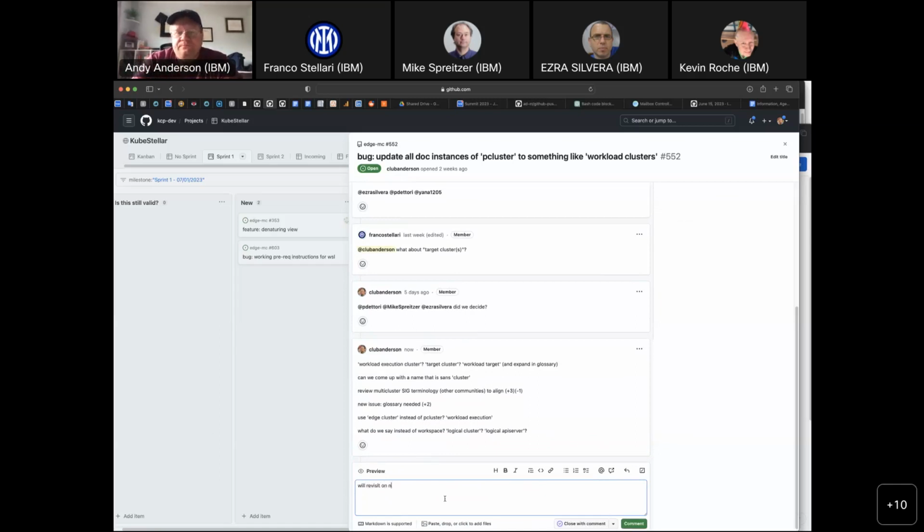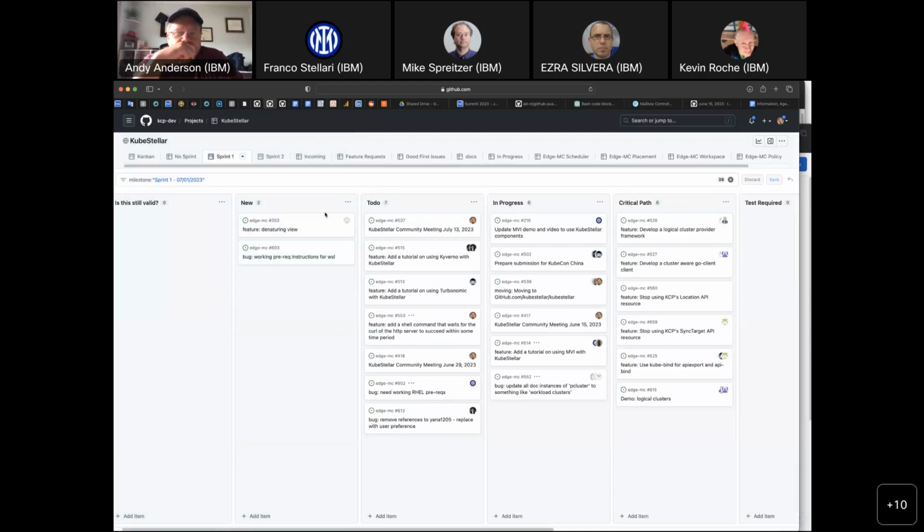I really support this, and we were creative with KubeStellar, so we shouldn't stop. If we can come up with something that doesn't have the word cluster to represent what we use today as workspaces or logical clusters, that will be excellent.